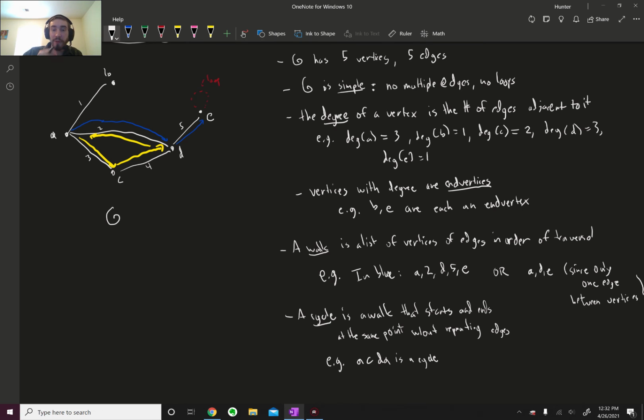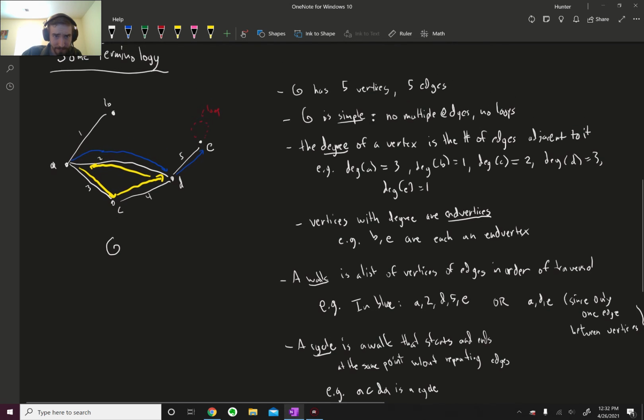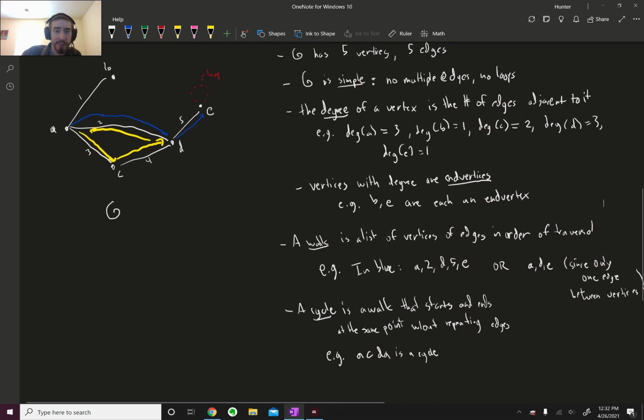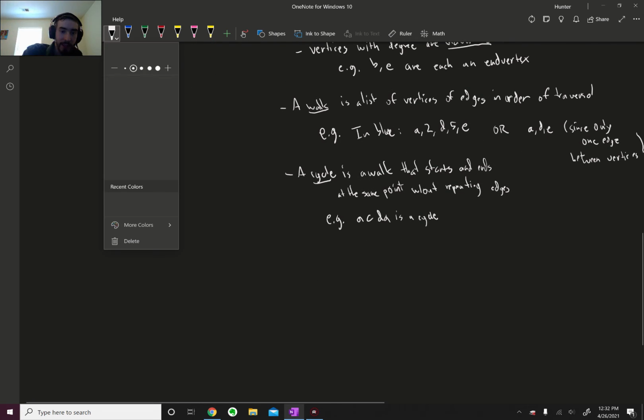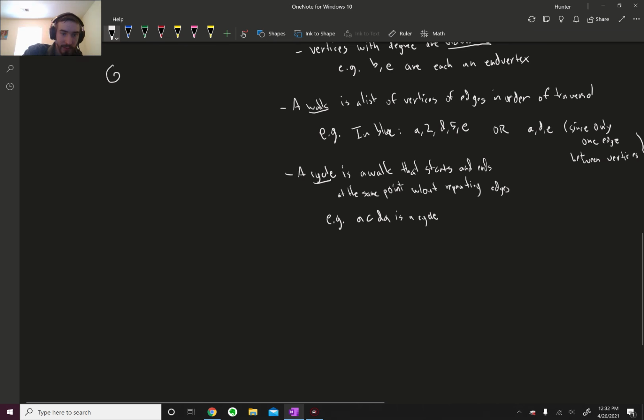The first fact that I want to convince you of about all graphs has to do with the degrees of all of the vertices. I'm going to call this a proposition.